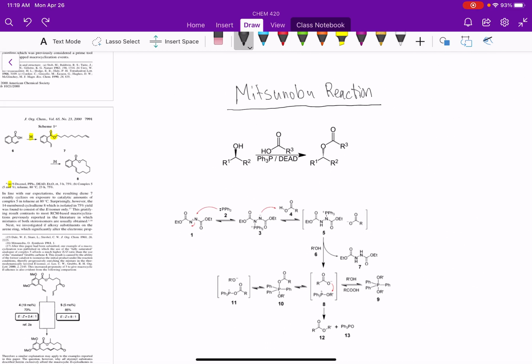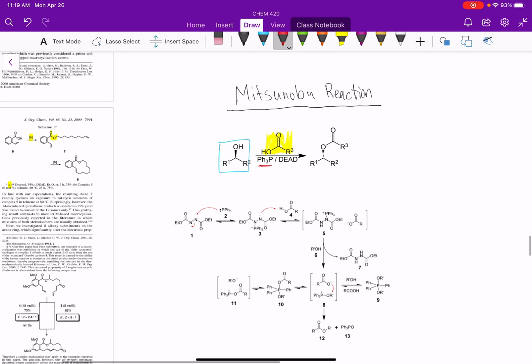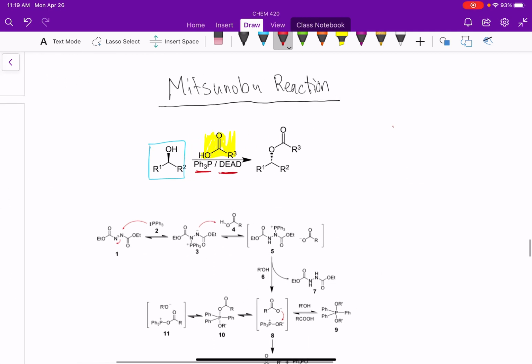In the Mitsunobu reaction, you take a carboxylic acid and you take an alcohol. The reagents you need are triphenylphosphine and DEAD. Let me give you the structure of DEAD. That's diethyl azodicarboxylate.